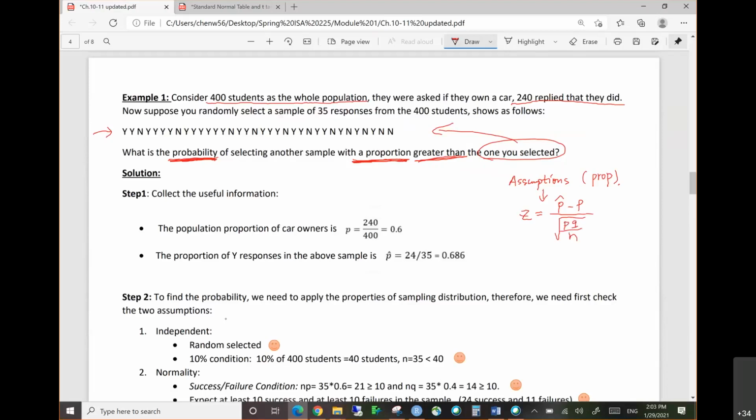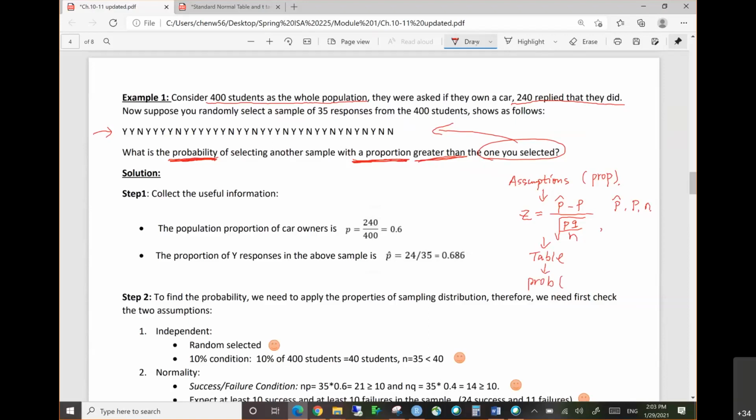So here we need the information of p hat, we need to know the population proportion p, and we need the sample size n. Okay, now once we have the z, we can go to the table and then find the probability.